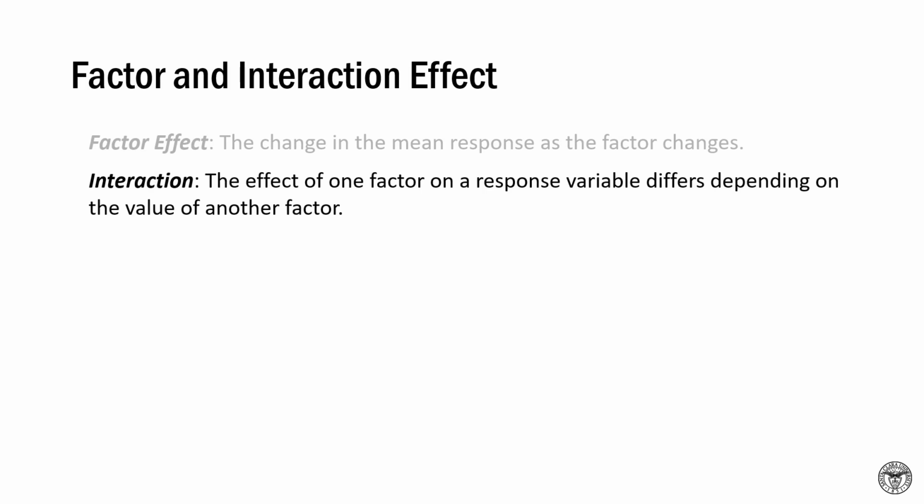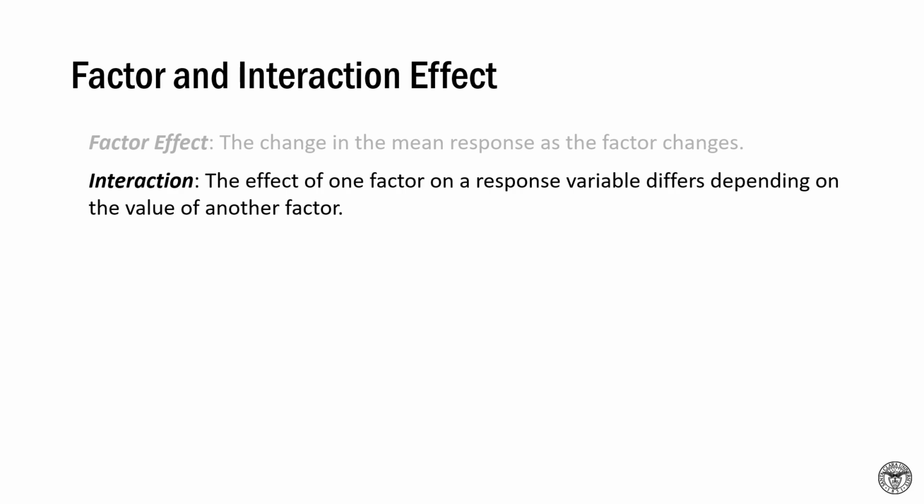Interaction, on the other hand, refers to the situation where the effect of one factor on the response variable is not the same at different levels of the other factor. For example, if we vary both the temperature and pressure in one experiment, we may observe that the effect of temperature on the response variable is different at different pressure levels.